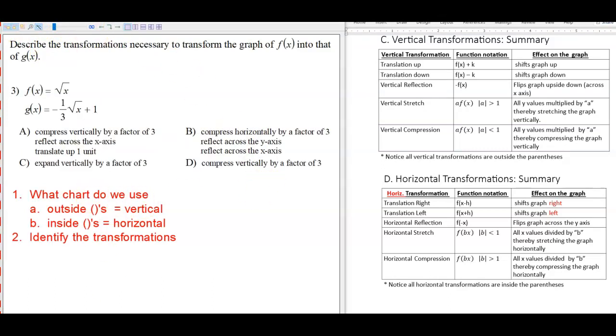All right, so my original function is this square root guy right here, and here he is down here. But we do have a couple of changes. I've got this 1/3 here. I've also got this +1. That's another difference. And we actually have another difference here: I've got a little negative in the front.